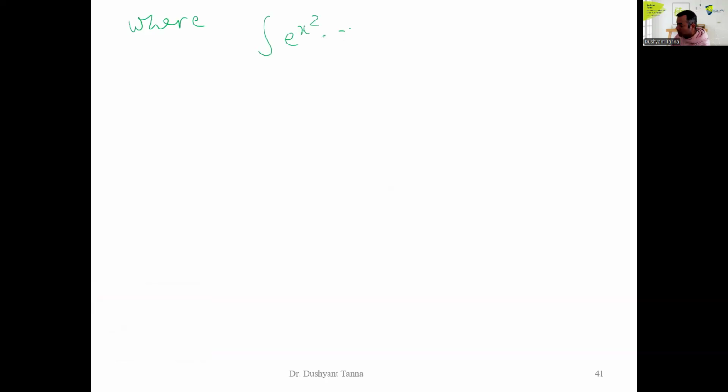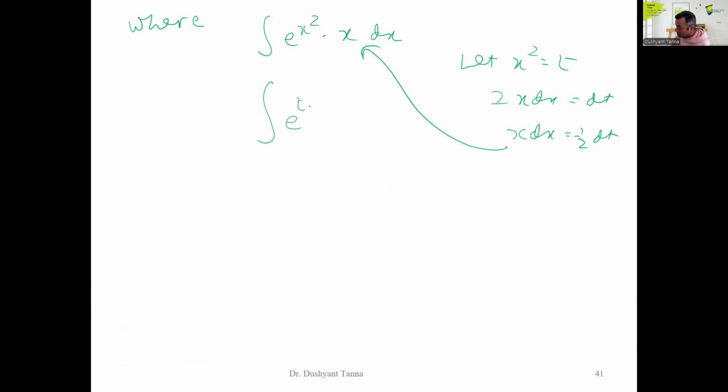Integration of e raised to x squared and x dx, if I let my x squared be t, then 2x dx is dt, and therefore x dx is half dt, which I replace here. This will become e raised to t half dt. Don't worry about half. E raised to t is e raised to t. Put it back. This will be half e raised to x squared. Right, so I got that part sorted.